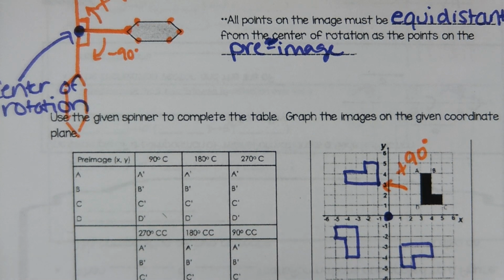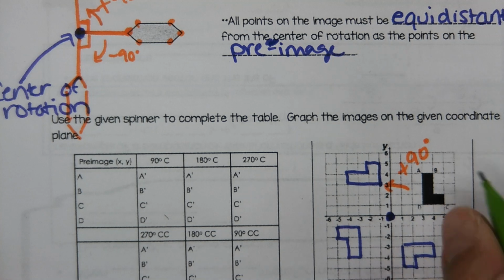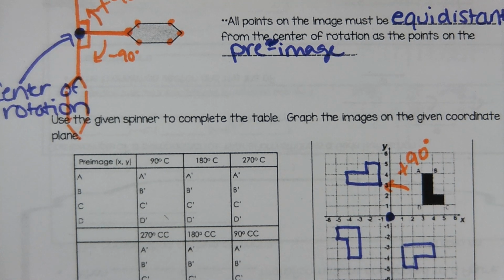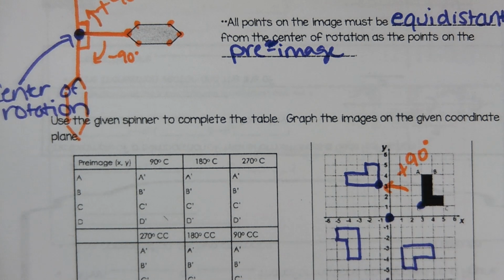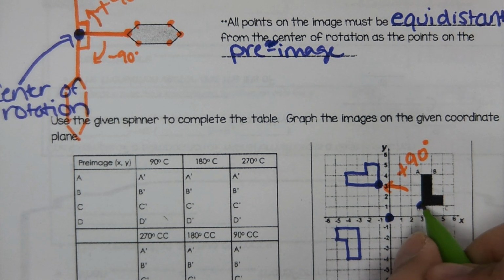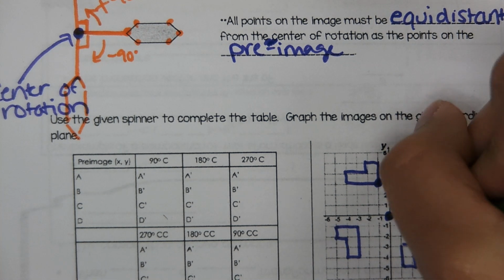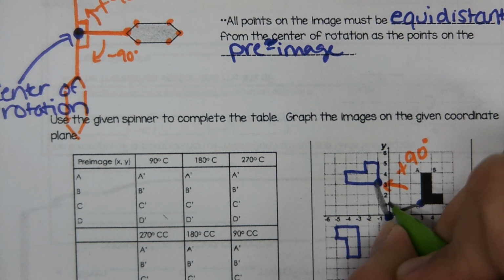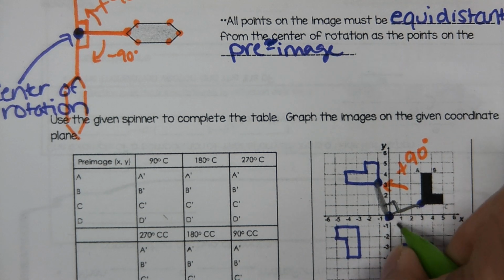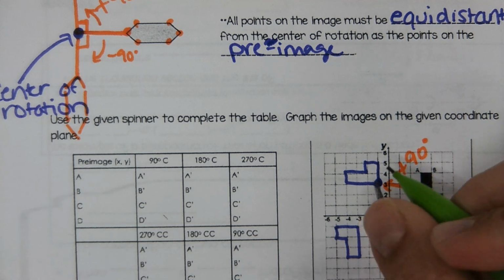And the whole concept is, if you have a corresponding point, so this point right here corresponds to this corner right here, and we draw a straight line from this point to the origin, and a straight line from the corresponding point, if it's a 90-degree rotation, we should get a 90-degree angle here. And these segments should be the same length.